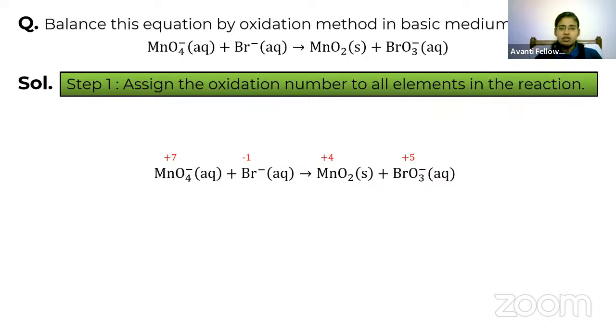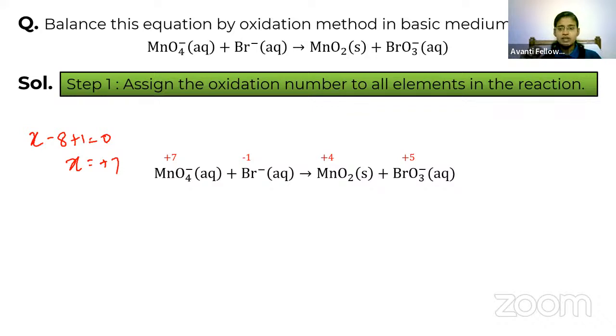The oxidation state of oxygen is -2 in all cases. For manganese, it is +7. How did we get +7? Manganese is taken as x, and 4 into -2 is -8, plus -1 charge equals 0, so x is equal to +7. This is how you calculate the oxidation number of all the elements in the given equation.